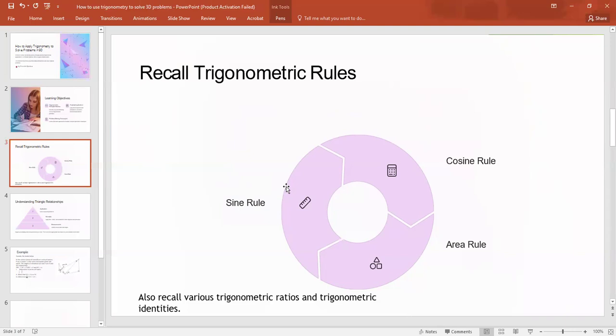You're also required to recall a few trigonometric ratios like the sine, cosine, and tangent ratios with regards to a right angle triangle. You're also encouraged to recall a few trigonometric identities. With regards to trigonometric identities, there are a lot of videos that I've uploaded on this channel, so you're also advised to watch those videos.